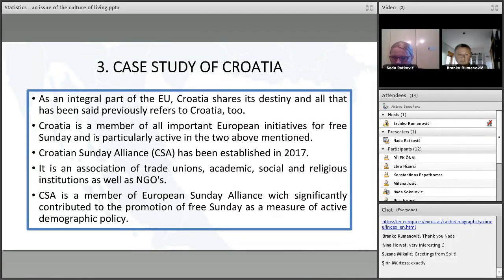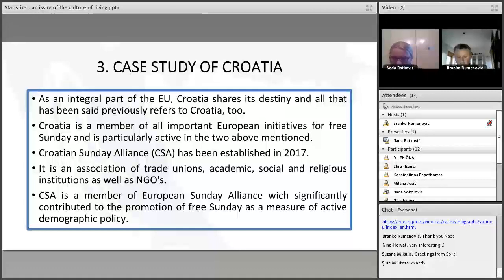This is the third part of this work, the case study of Croatia. Croatia is a member of important European initiatives for Free Sunday. Here, the Croatian Sunday Alliance, shortly CSA, was established, as I said before, in 2017.